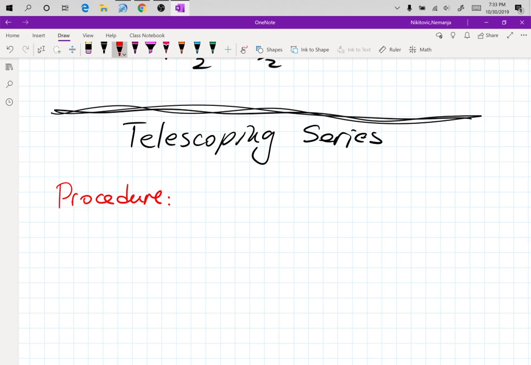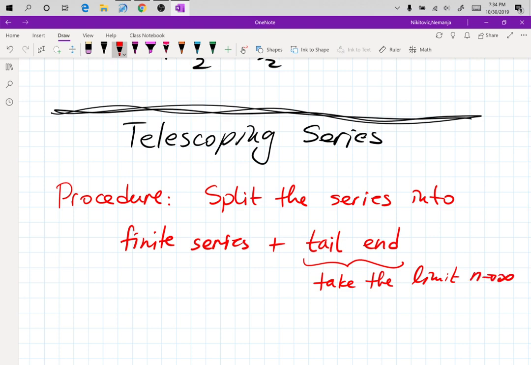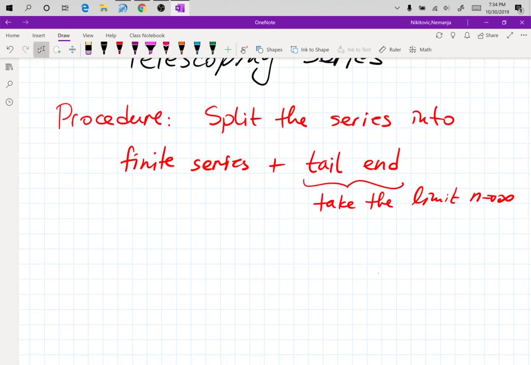And the procedure is to split the series into a finite series plus what we call the tail end, and then take the limit as m goes to infinity. This is a very crude procedure. We need to do examples for you to understand this.